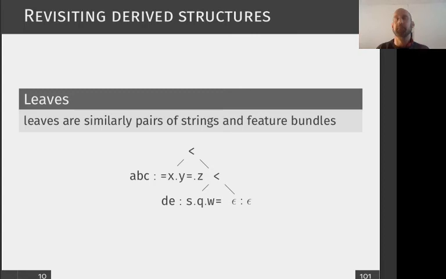So lexical items are pairs of strings and feature bundles, and leaves in our trees are pairs of strings and feature bundles. One of these leaves, the rightmost leaf, has no string, the empty string, and no feature bundle, the empty feature bundle. That's what this epsilon indicates. The epsilon to the left of the colon is an empty string. The epsilon to the right of the colon is an empty feature bundle.